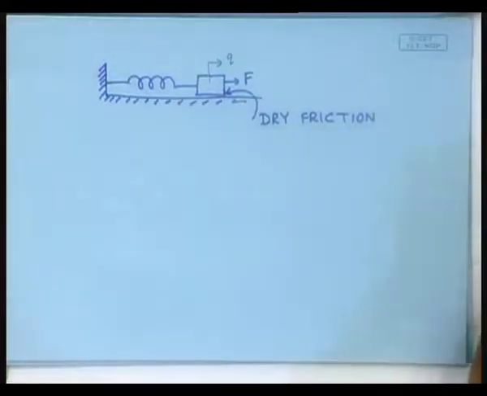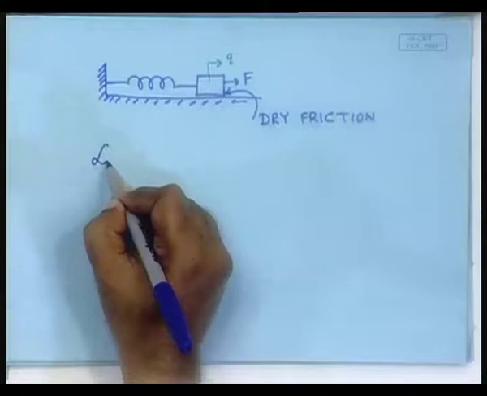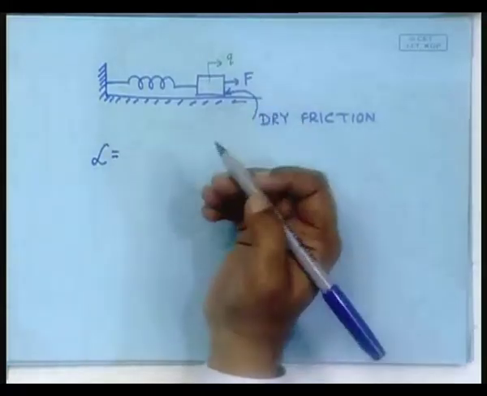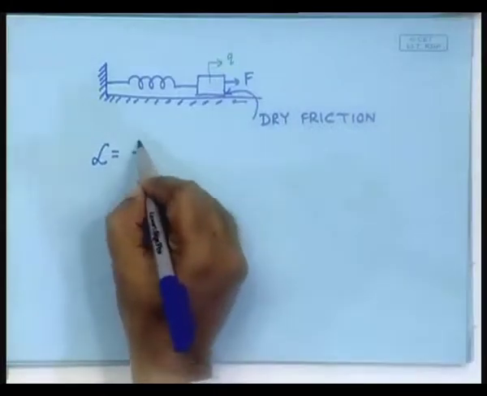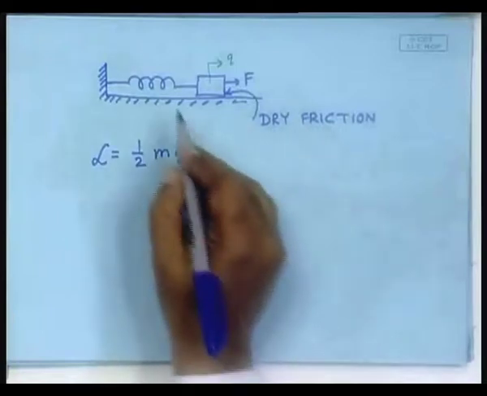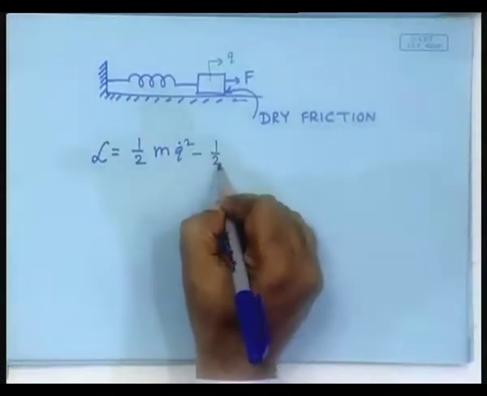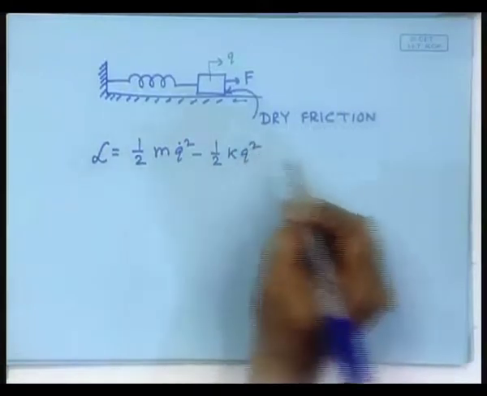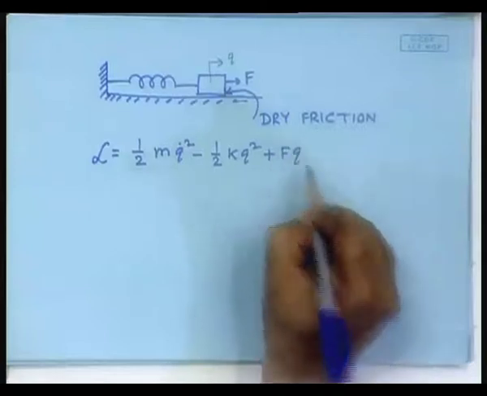So, once we do that, we can directly write the Lagrangian, because we have already written that once. It will be half m q dot square minus half k q square plus f q, right.